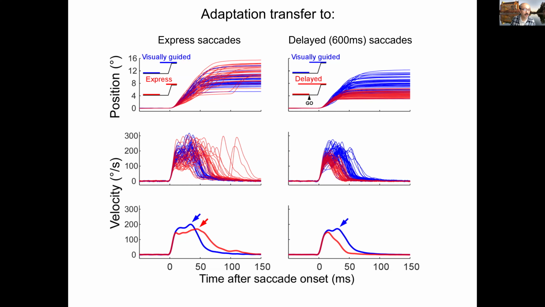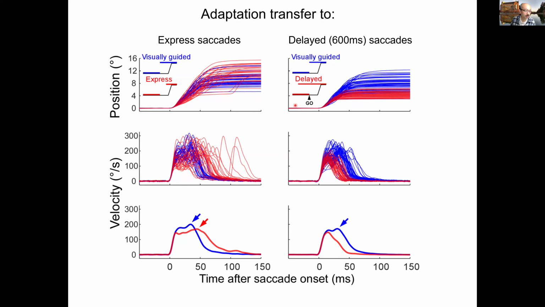As you can see, the amplitude of the express saccade is much larger. It actually transferred so well to express saccades. But during delayed saccades, the amplitude of the delayed saccade is like the low gain saccades, which has a gain of about 2, which is here.